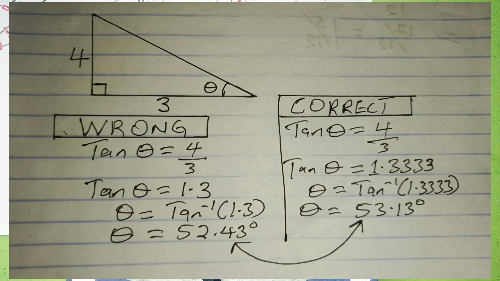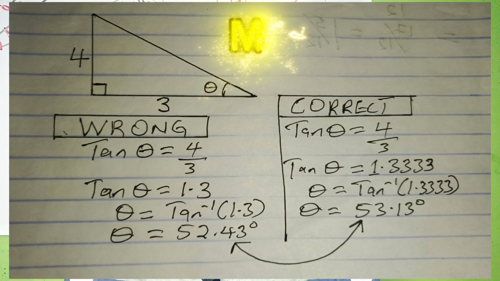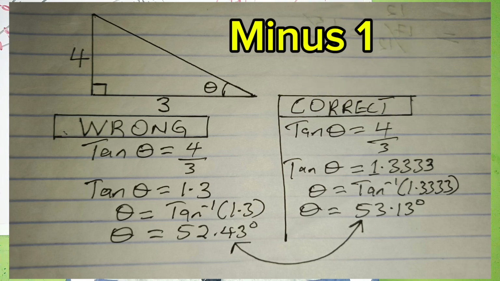So theta will be equal to arctan of 1.3333, and the answer we get is 53.13, which is quite different from the previous one, 52.43. So you must not have premature approximation. 1 mark will be deducted by the examiner apart from not getting the answer.